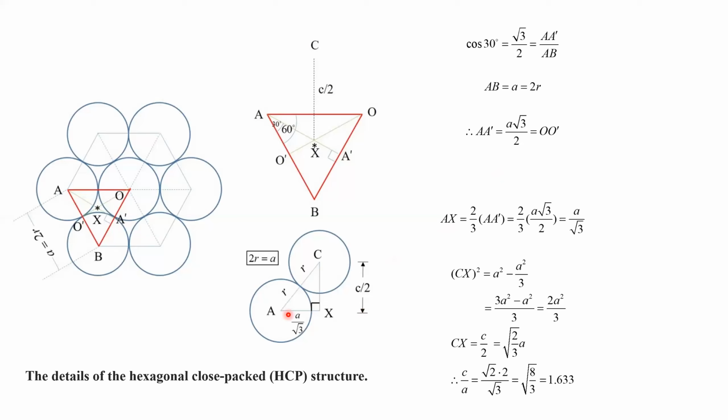So A 2x is 2/3 of A prime. And you know A prime from here, right? This is 2/3, it's just constant. So we solved for AX.